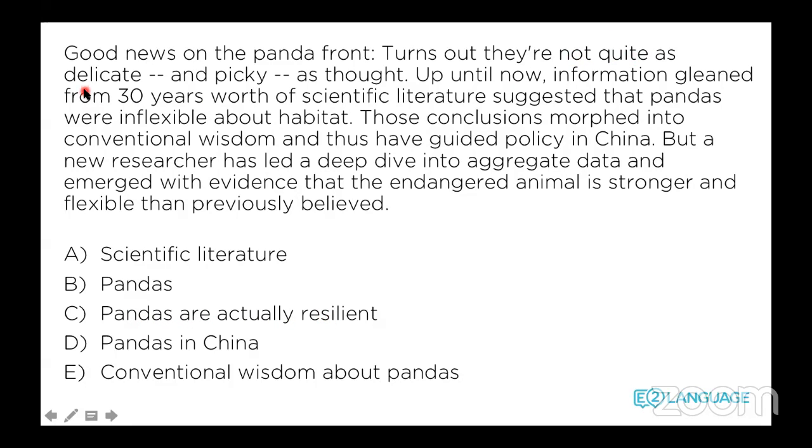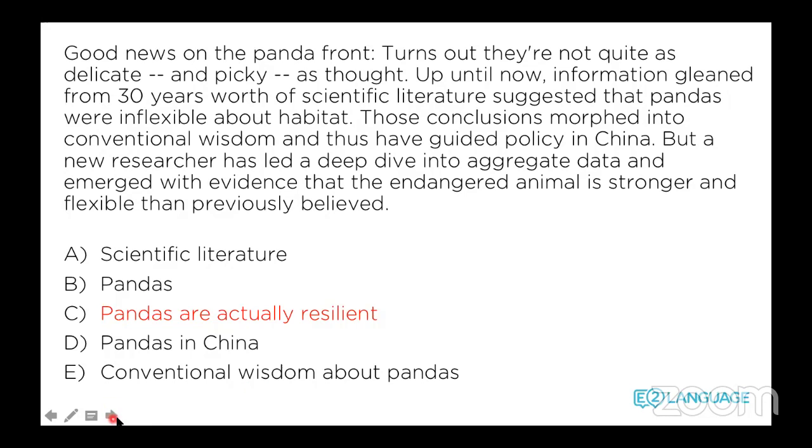They're not delicate, resilient. That could be it. Pandas in China? No. Conventional wisdom about pandas? Well, as thought, could be, but it's too general. The answer is C. Pandas are actually resilient. This says they're not delicate and picky, and this says they're actually resilient, and actually is another way of saying as thought, or turns out.